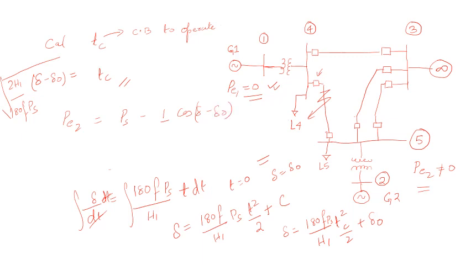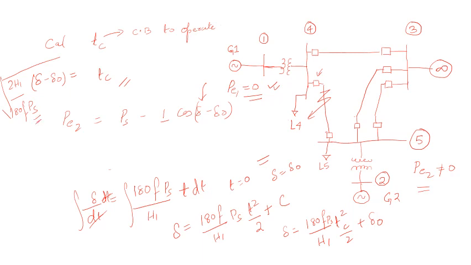I don't remember the exact form, but this is the equation you have got. Now for a particular delta, if you are operating at that delta, put the value, and this quantity will change here.